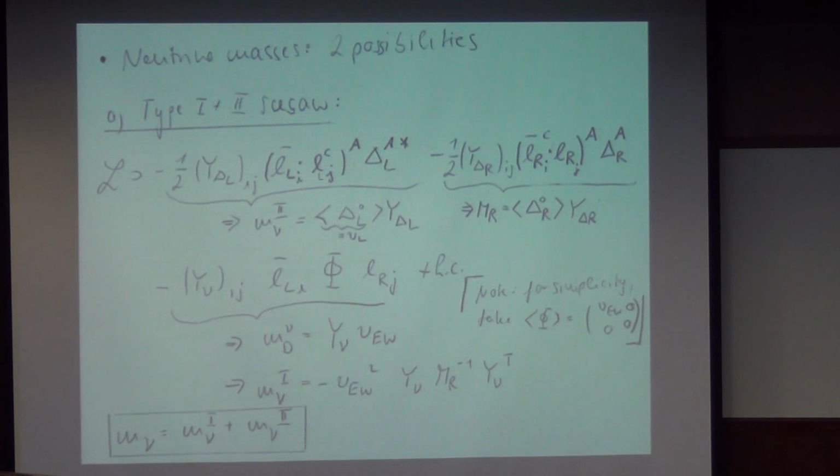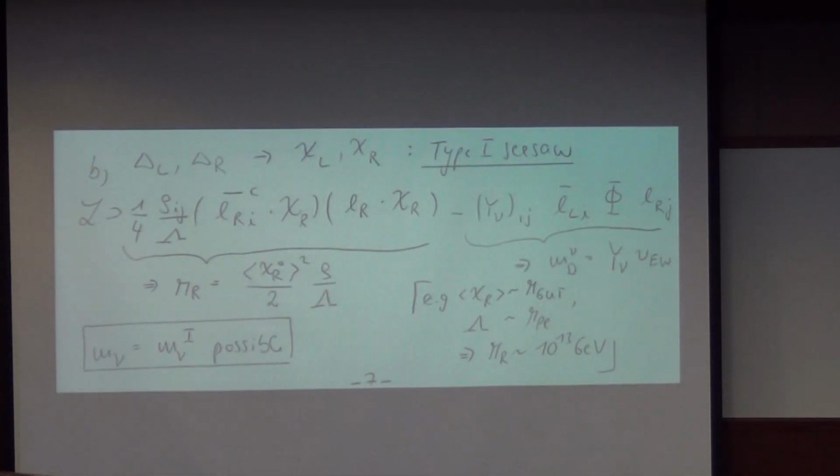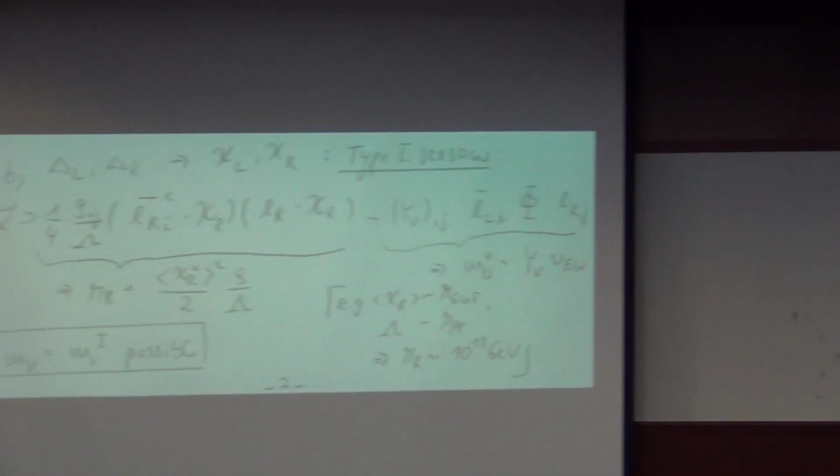But there is also another possibility, which is why I mentioned at the beginning, you can break it either via the deltas or via the chi fields. The chi fields are simply doublets, they are not triplets. And if you break it with these, this is the second possibility, you get a pure type 1 seesaw mechanism. So you don't have a triplet in your theory anymore, you cannot construct a type 2 mass contribution, so this here is not working.